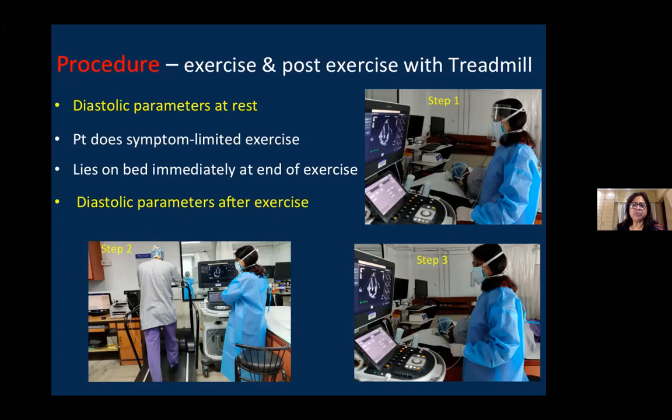So you start acquiring the diastolic parameters during that time, within a minute. But then the velocity will not decrease, not the velocity of E wave or E prime. So you can wait for a minute till the E and A get separated.